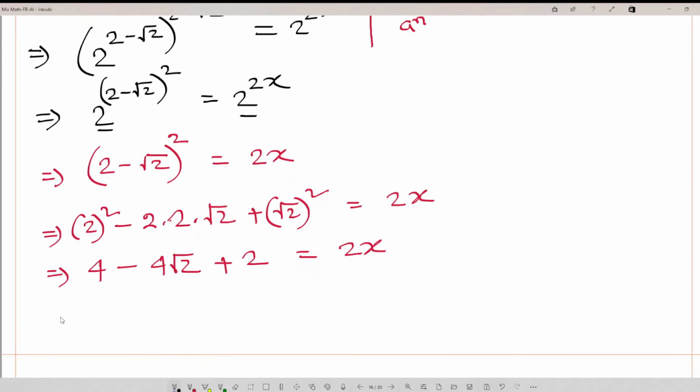Okay, now look, here is 4 and here is 2, so it will be 6, right? And then 4 plus 2 is 6, minus 4 root 2, equals what? 2x.